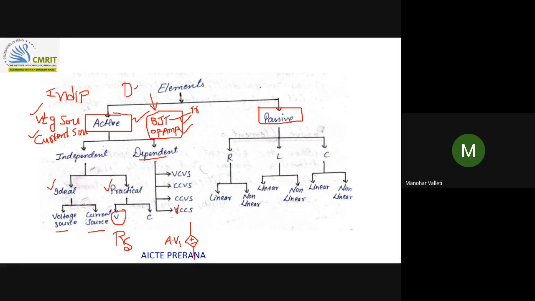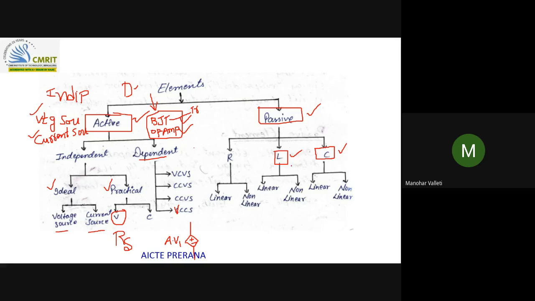Regarding active elements, the same way passive elements: if the particular element is not able to deliver the energy for an infinite amount of time, that element we call a passive element. You may ask, sir, the inductance and the capacitance can store the energy for some amount of time, and after the applied source near the inductor and capacitor is removed, they can deliver some energy.